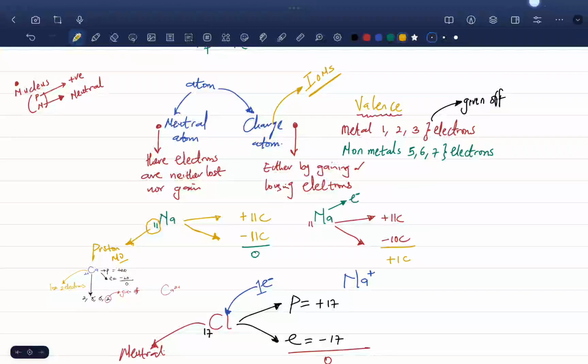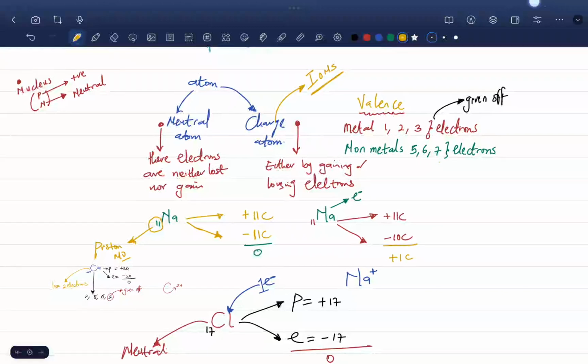I'm just going to be using the concept of the first 20 elements to explain this principle. They are going to be gaining electrons to complete their octet.